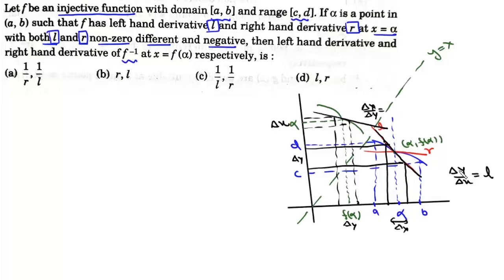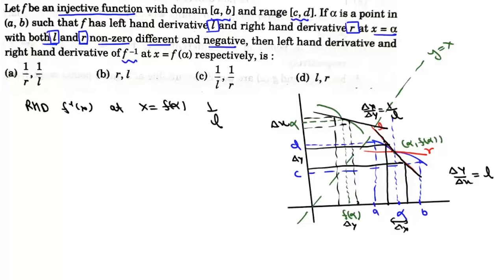And this delta x upon delta y is nothing but 1 by L. Here if we look at this graph, for this function f(x) it was the left hand derivative, but for this inverse function it is on the right side of f(alpha). So that means right hand derivative of f inverse(x) at x equals f(alpha) will be 1 by L.